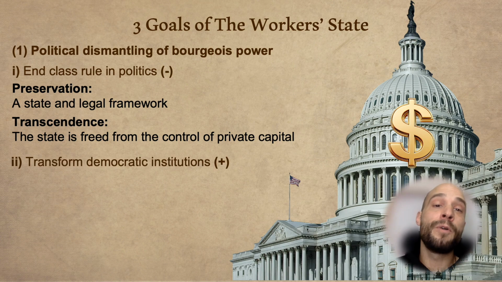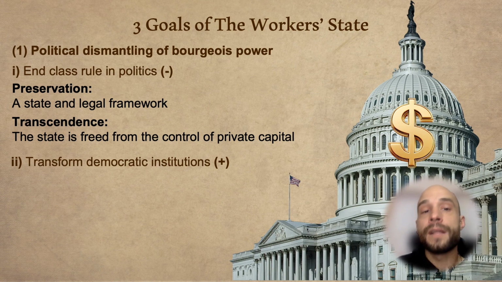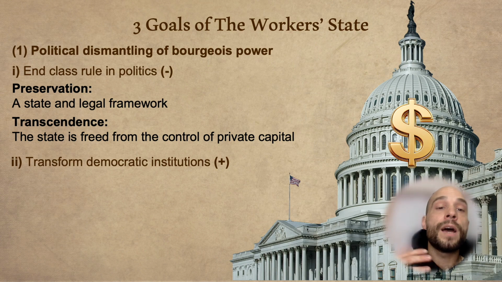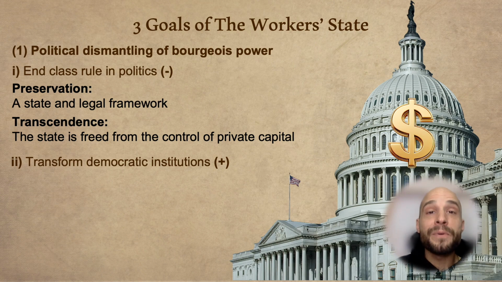The second moment is key. This is about the transformation of democratic institutions. Once class domination is curtailed, the structures themselves must be positively reoriented. Parliaments, municipal councils, and administrative bodies are not simply occupied, they are restructured to operate democratically and inclusively.